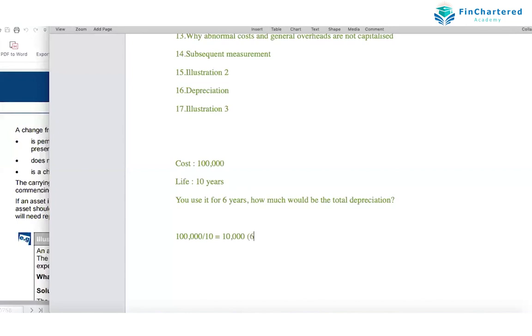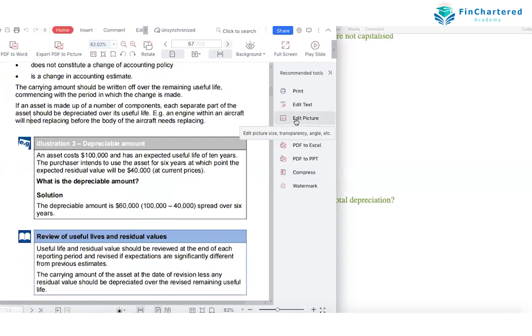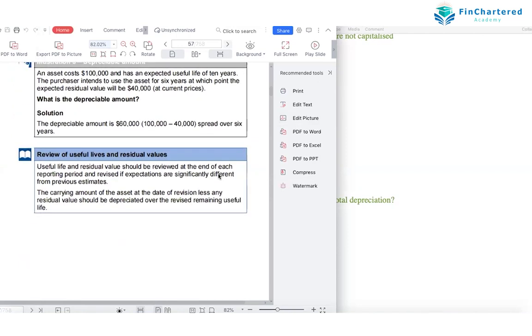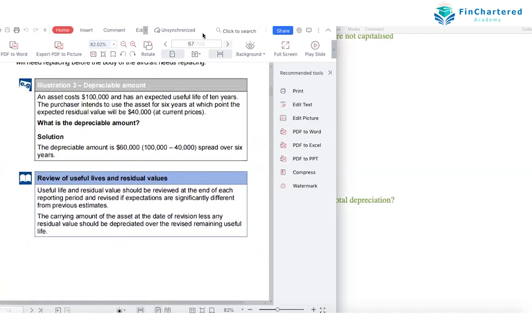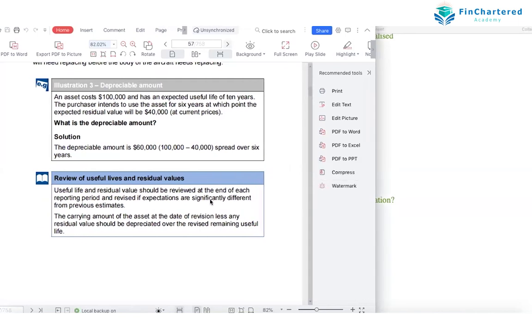So for 6 years, the wear and tear or depreciation will be 60,000. That's it. End of story. I hope everybody is clear and able to understand what is happening.